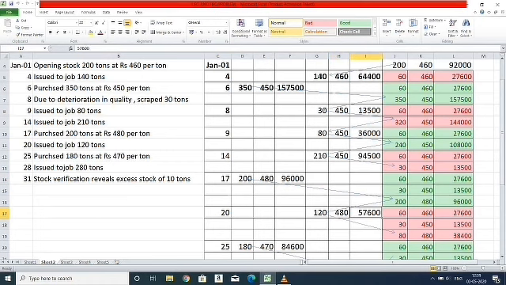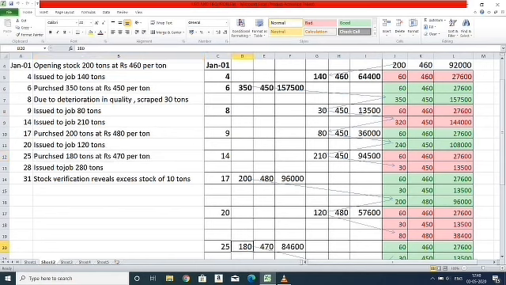So our closing stock on 20th January: already we have this 60, this 30, and from this 200 we issued 120. Its balance is 80. So our closing stock on January 20 is 60 into 460, 27,600, 30 into 450, 13,500, and 80 into 480, 38,400.